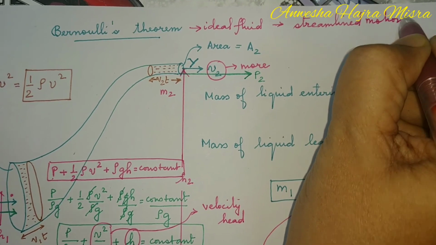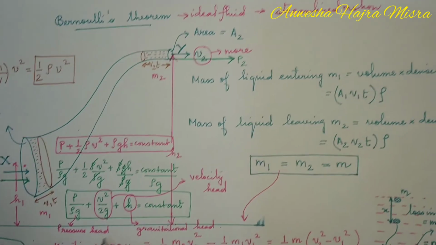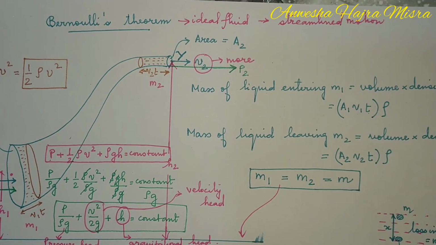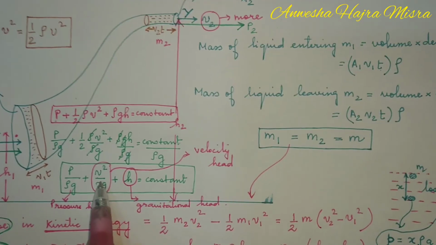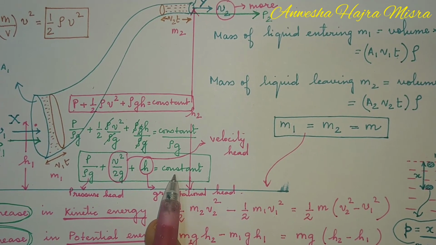In streamlined motion, for an ideal fluid, the sum of the three heads, pressure head, velocity head, and gravitational head, remains constant.